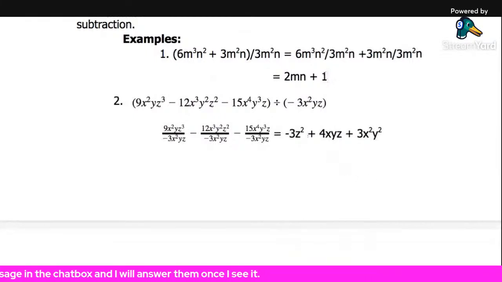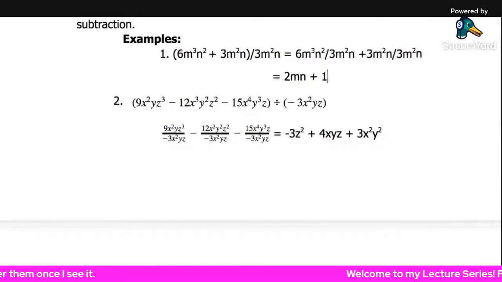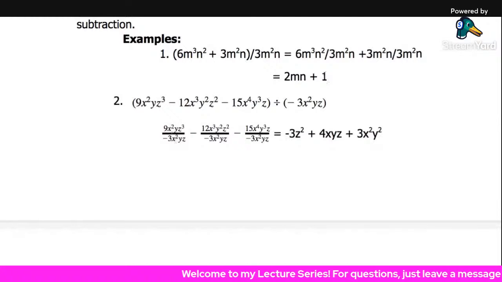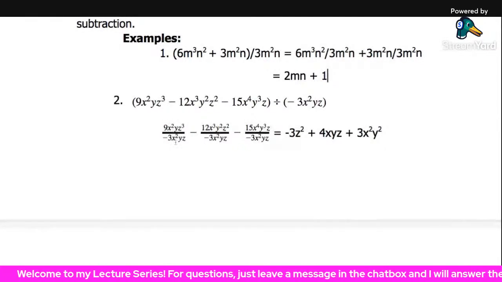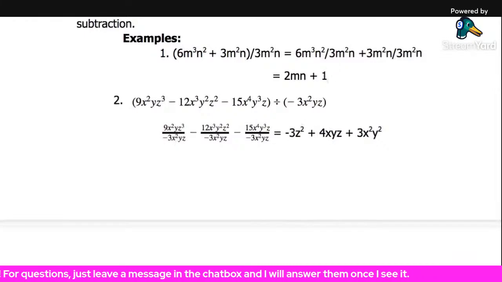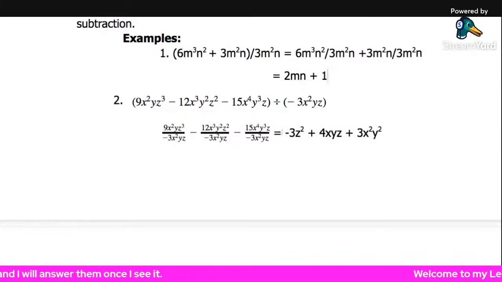So you may ask, what happened to y and z in the first term? If you notice here, x^2 over x^2, dividing this term by itself will be 1. Then y over y will also be 1. That's why you don't see x and y in the first term anymore, because they became 1.